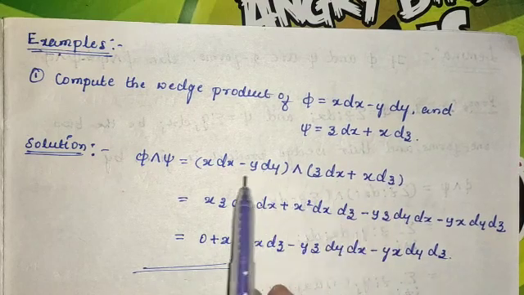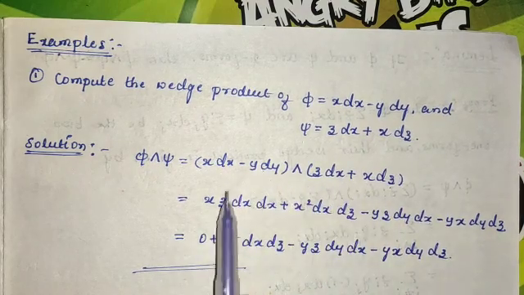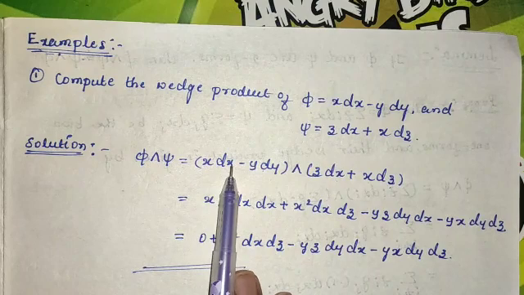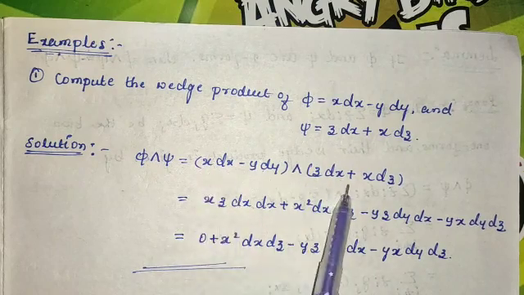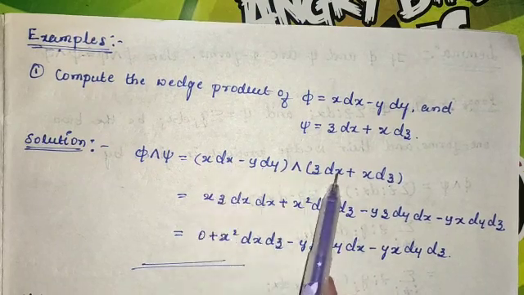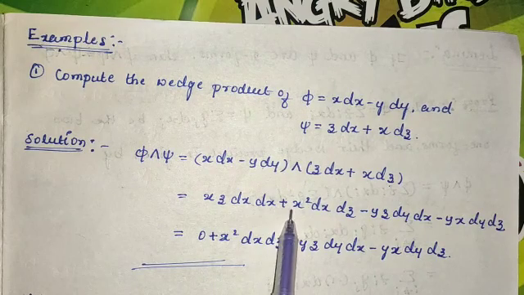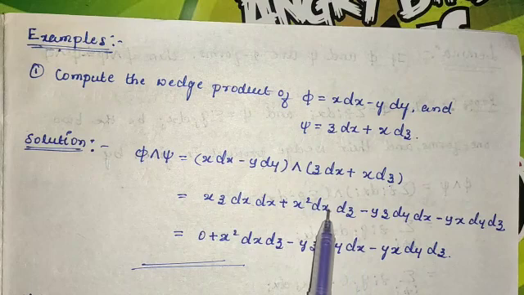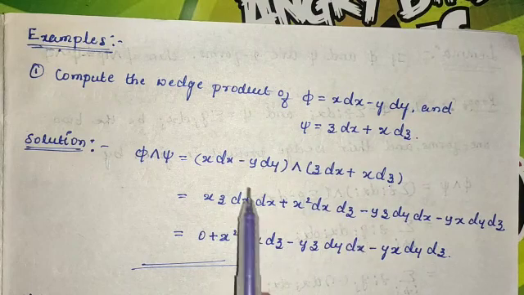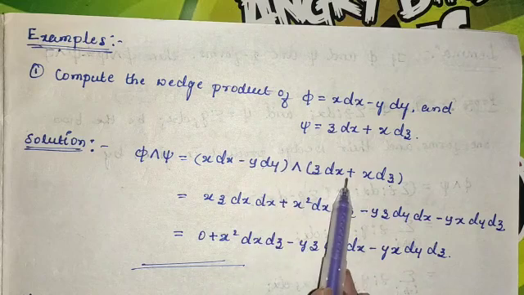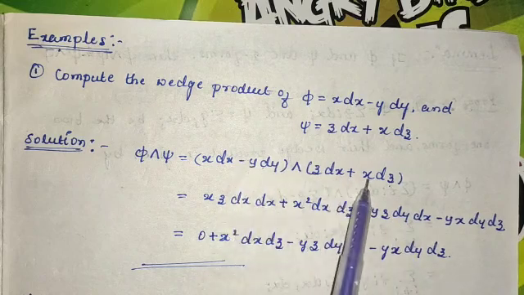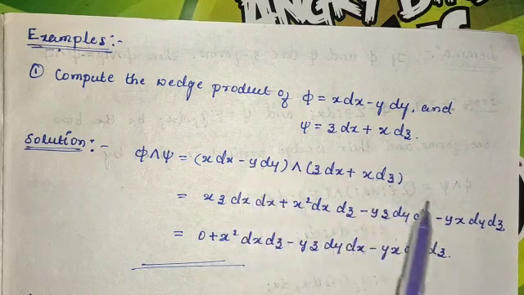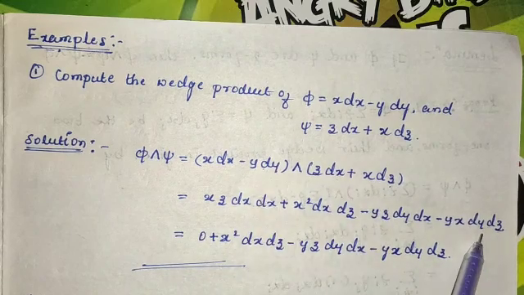Now we multiply these two: x into z dx into dx, plus x into x dx into dz, that is x square dx into dz, plus minus y into z dy into dx, plus minus y into x dy into dz.